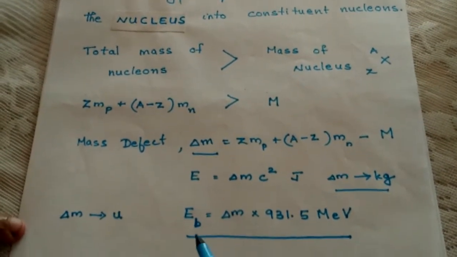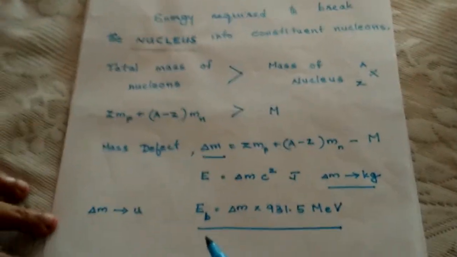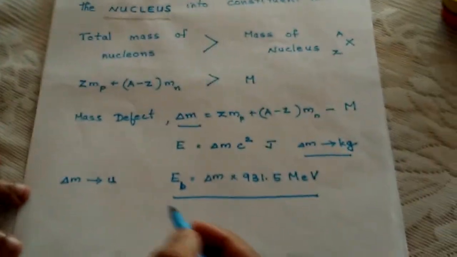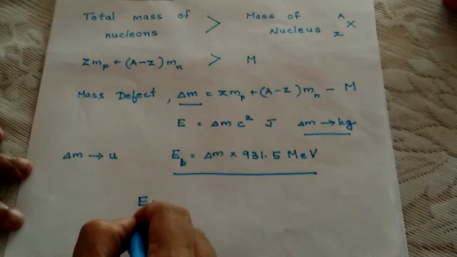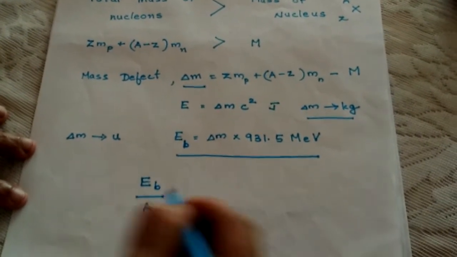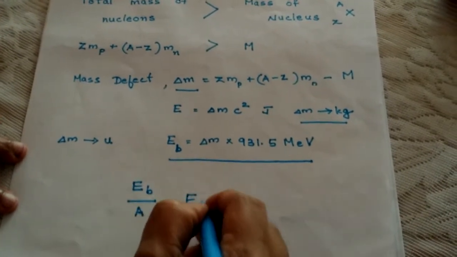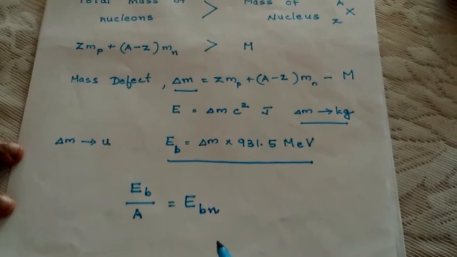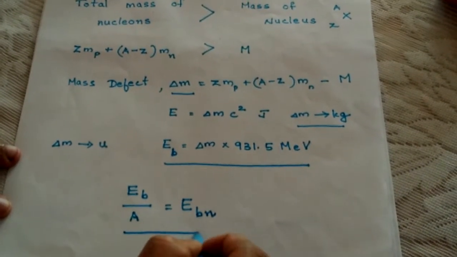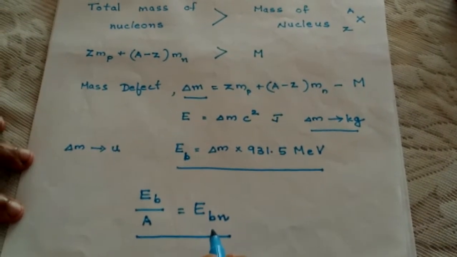In order to separate a single nucleon, that is a proton or a neutron, from a nucleus, the energy required is the total binding energy by mass number. And this energy is known as binding energy per nucleon. This is the energy required to separate a single nucleon from the nucleus.